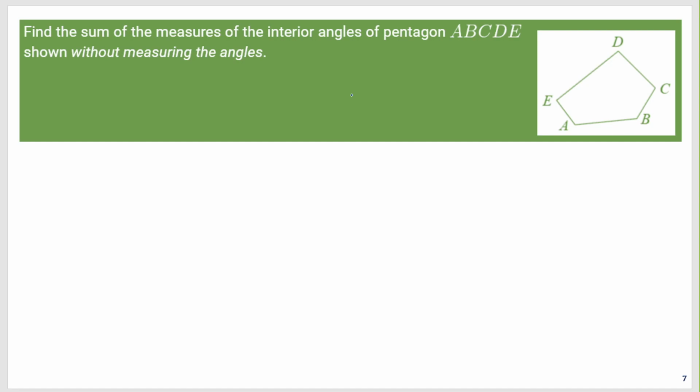But we know plenty about triangles. Therefore, we could use diagonals to cut the pentagon into some triangles, right? We could, for example, connect A and D, and then connect point A and C. Then we have triangle ADE, triangle ACD, and triangle ABC, right?